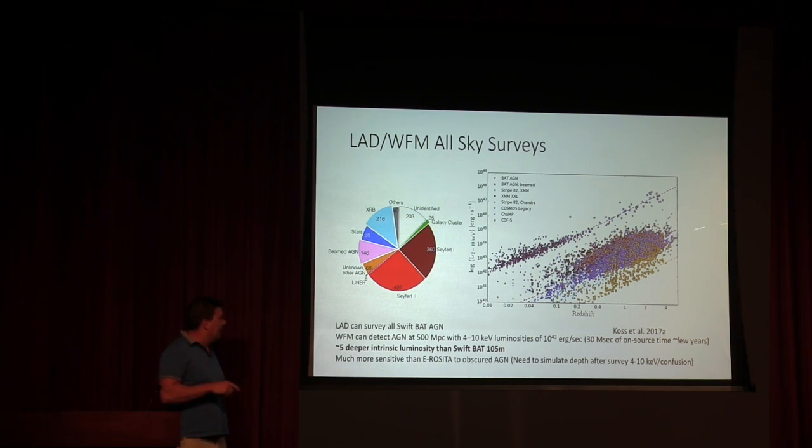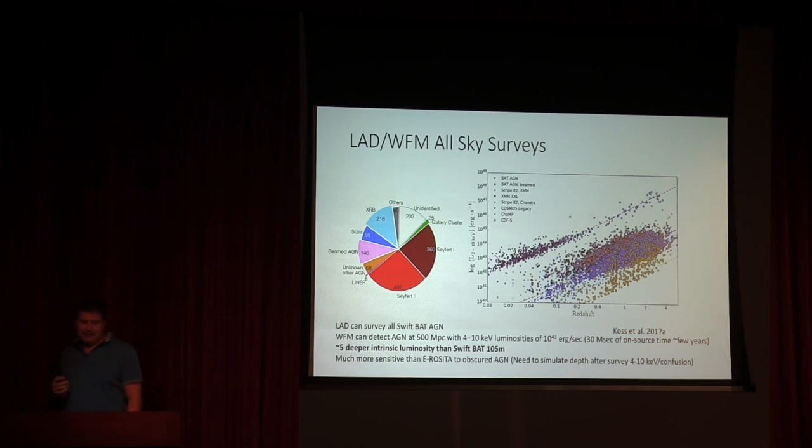The other point to notice is that there really is a gap between the surveys. Now, eROSITA will do a great job of filling that gap in, but it's not going to be sensitive to these really highly obscured Compton-thick AGN.